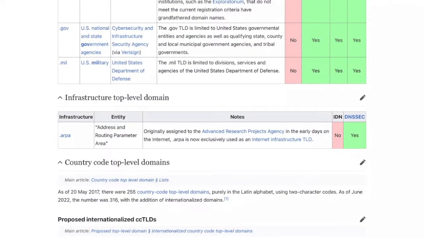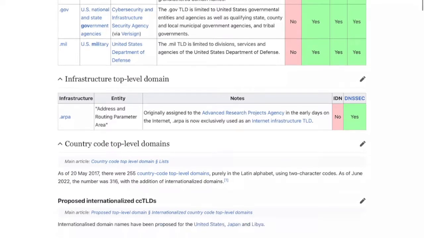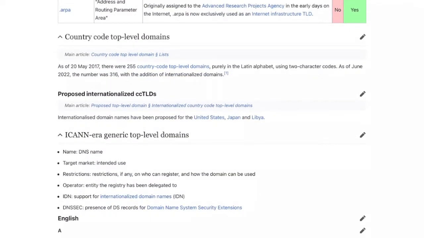Of course, there is one old top-level domain, which is ARPA, representing ARPANET. But after that we have country code top-level domains. Currently we have 255 country code top-level domains. For example, TW is a country code top-level domain.